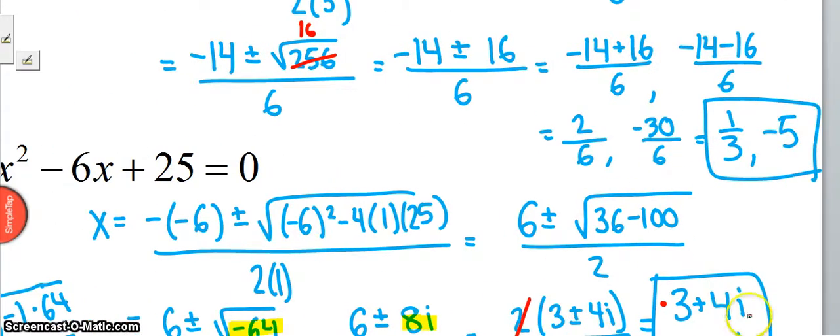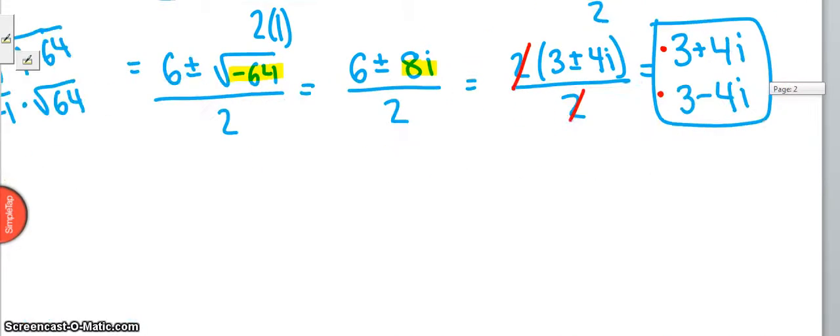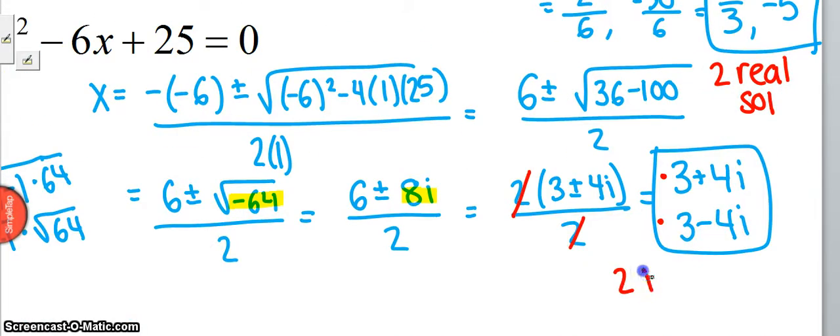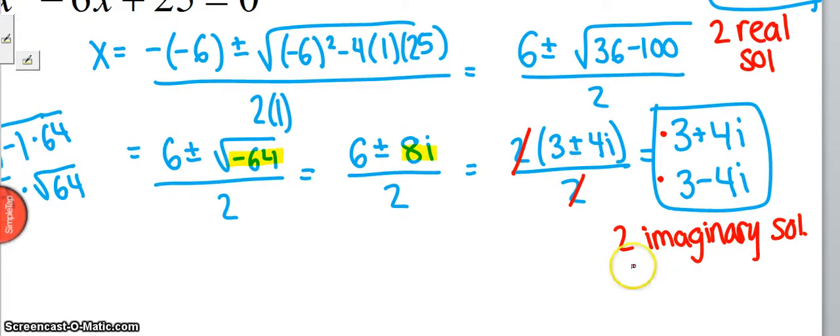This quadratic gave you two real solutions. They're completely different. And this one gave you two imaginary solutions. Not only are they imaginary, but they're conjugates of one another. So really these are complex conjugate solutions.